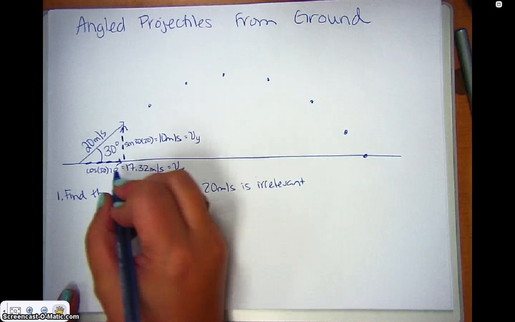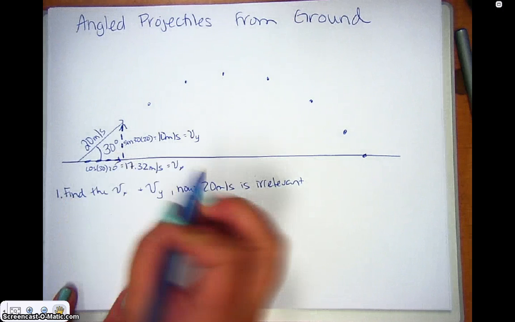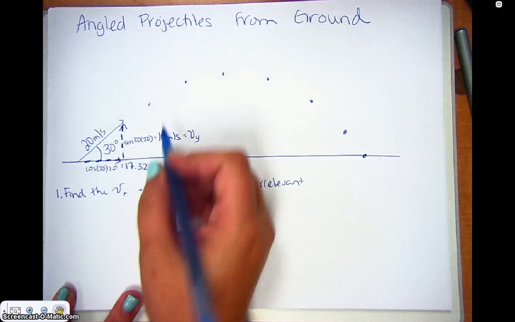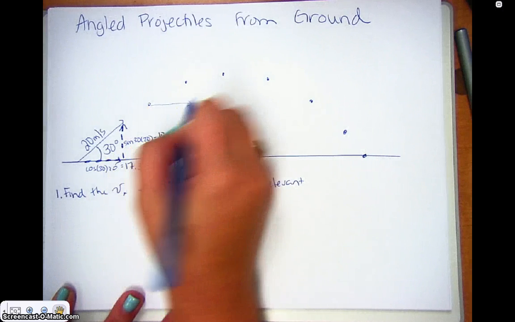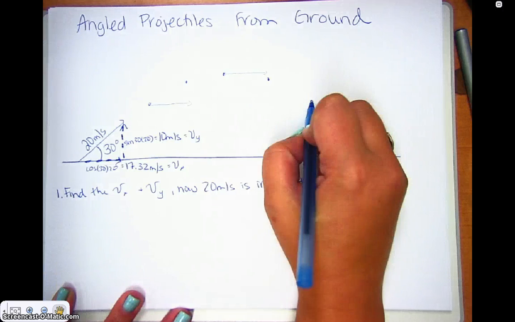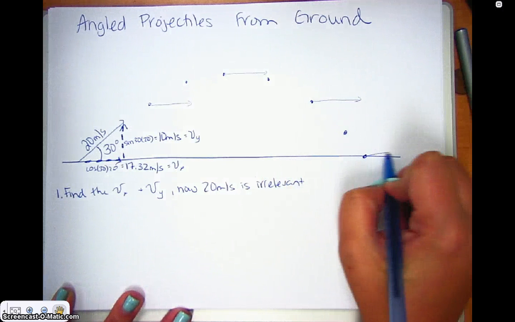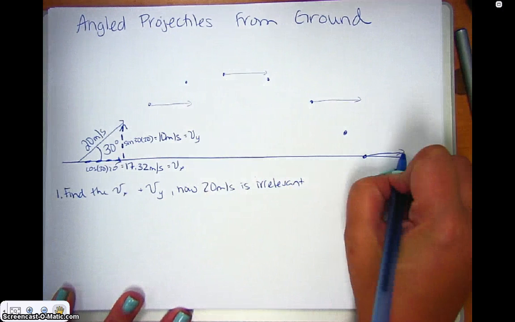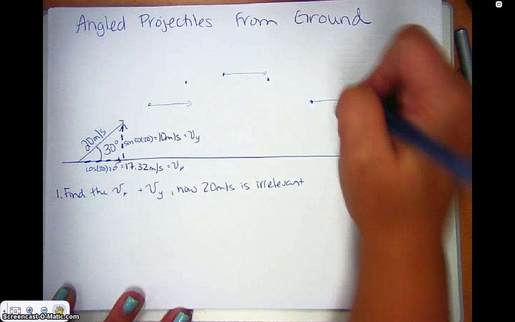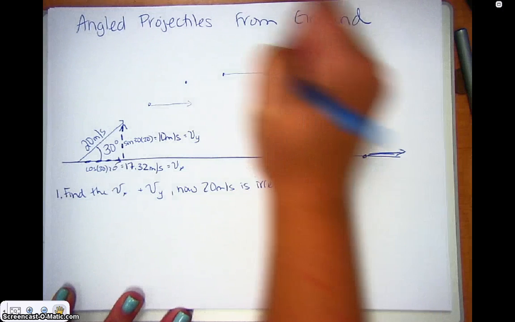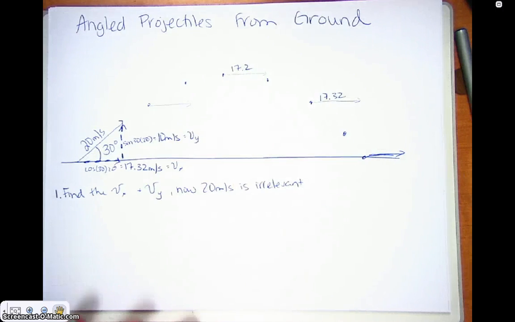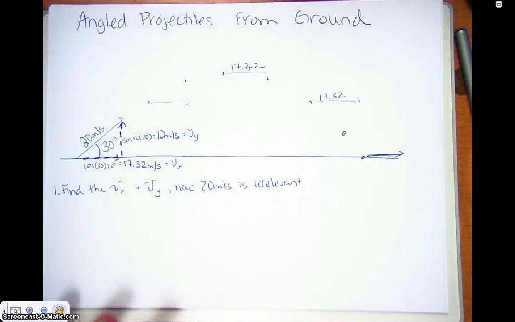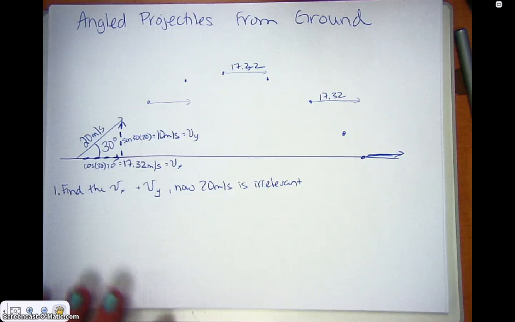What's going to happen to the x is just like the horizontal projectile: it stays constant the entire time. So the x component of the velocity vector is going to be equal to 17.32 the entire time. There's nothing causing it to accelerate as it's flying through the air.